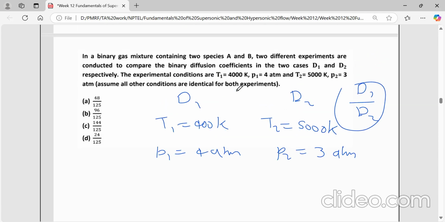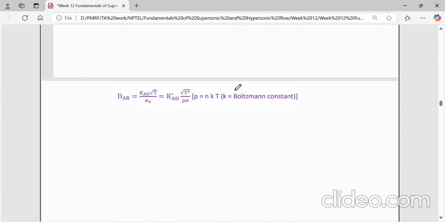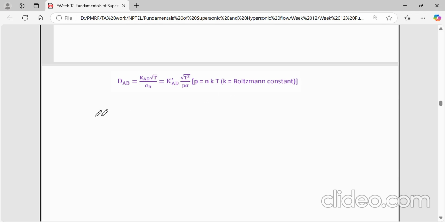So okay, now we will try to solve this problem. First we have to see what is the equation for the binary diffusion coefficient. Let's say D_AB is given by K_AD, one coefficient, under root T upon sigma n, where n is the number density.